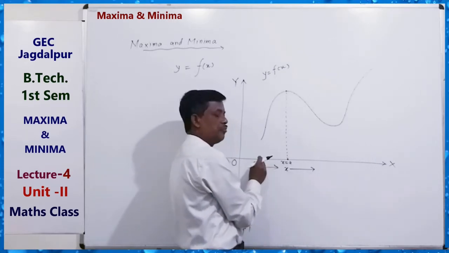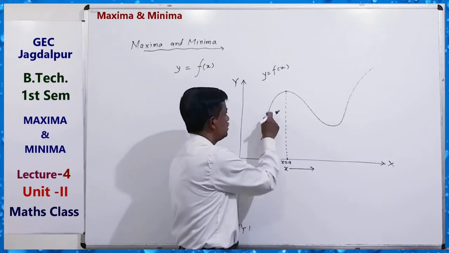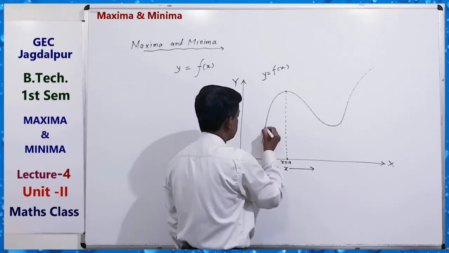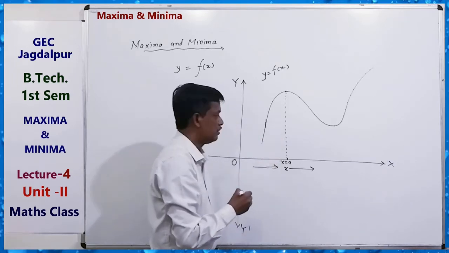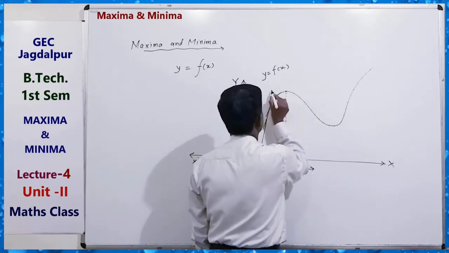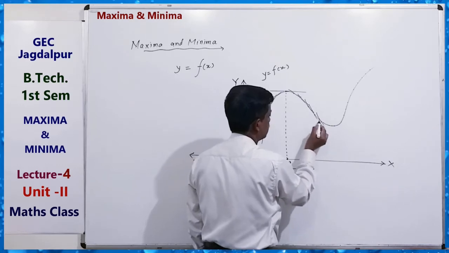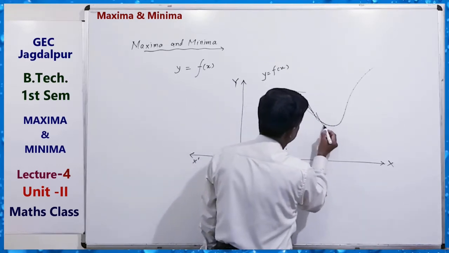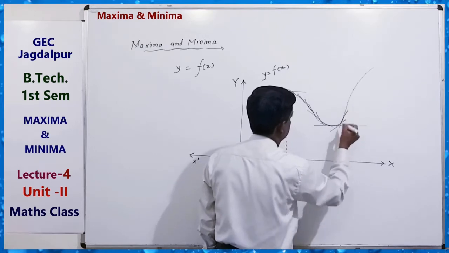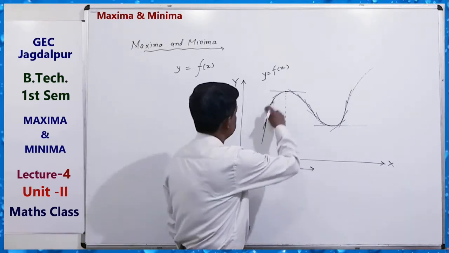For values of x lower than a, if we draw tangents here, at each of these points, these are the tangents at these points.